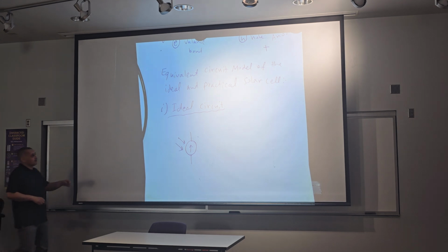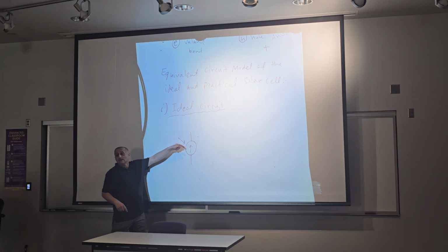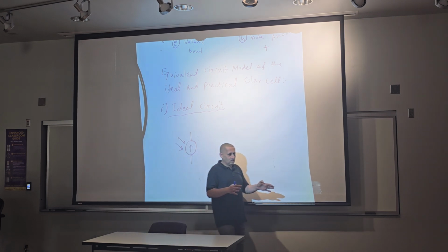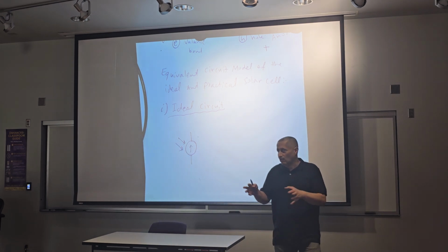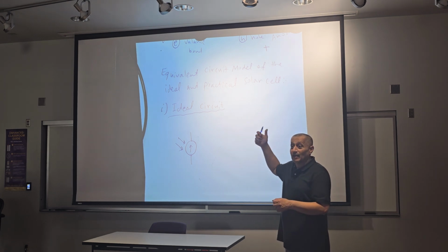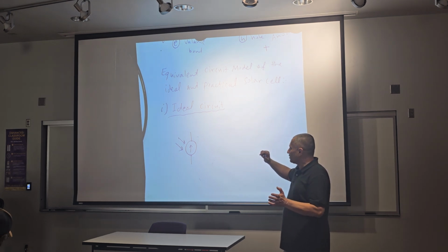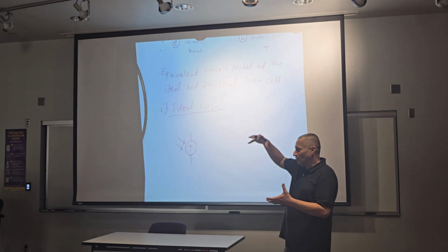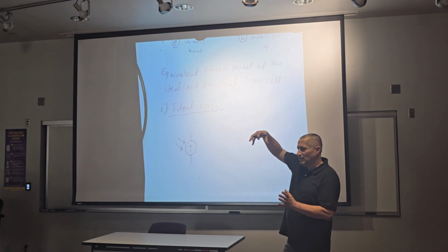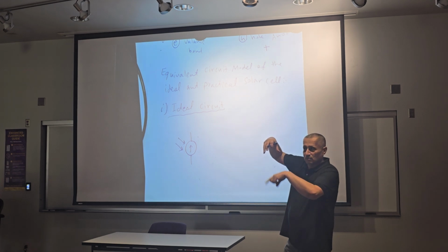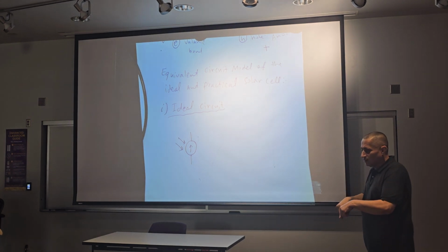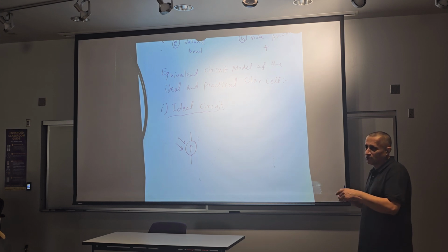incident light, okay, from the sun or any radiation source. Upstairs in the lab we have light, okay, and you direct light to the panel, and this panel will generate DC.